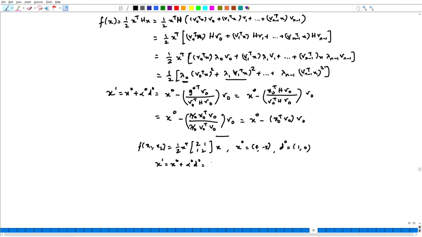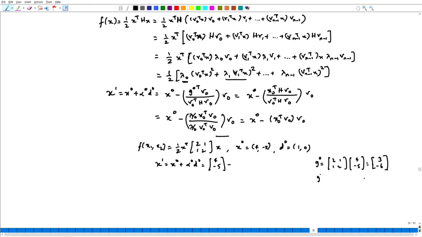So, x 0 is 4 comma minus 5 and so we will figure out what g 0 and g 0 transpose d 0 are. g 0 is H x 0 basically. So, it is 2 1 1 2 times 4 minus 5, which is 3 and 4 minus 10 is minus 6.